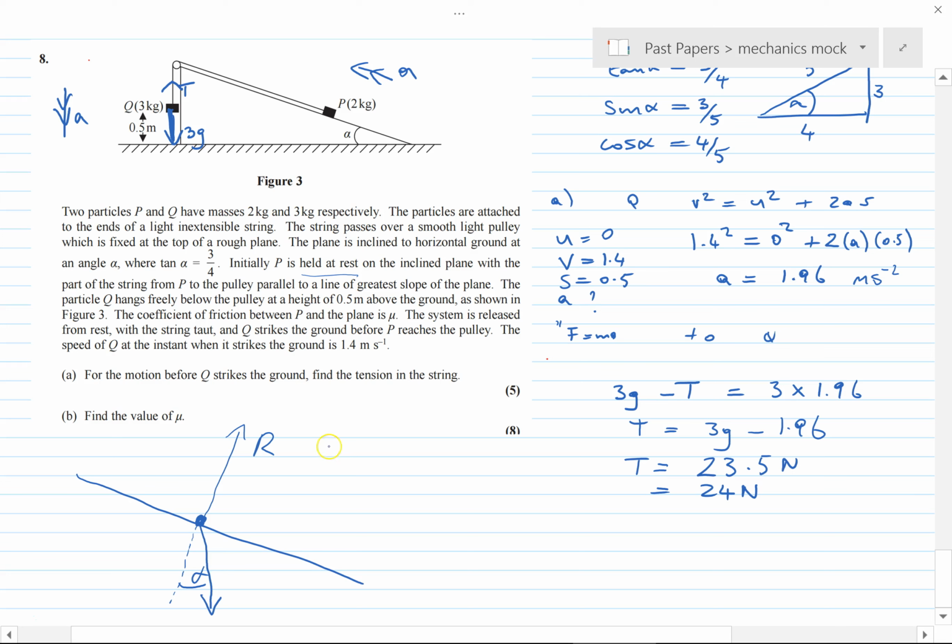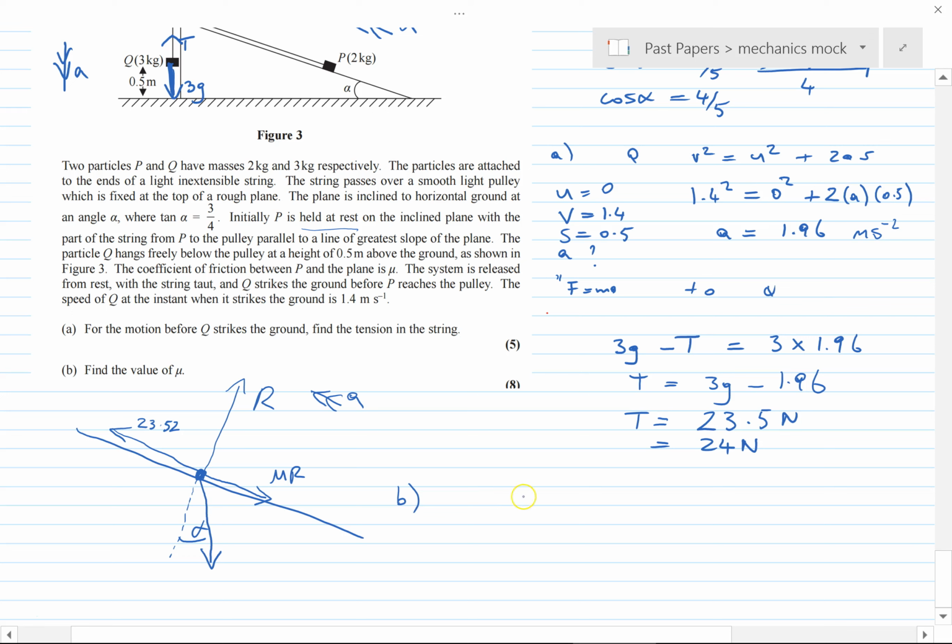It's obviously accelerating this way, which means it's going to be moving this way in this case. So friction will have to come down in that direction because it's going to oppose motion going up. It is moving, so we've got mu R. And obviously we've got the tension, which is this number, which actually worked out as 23.52 newtons that we worked out before.